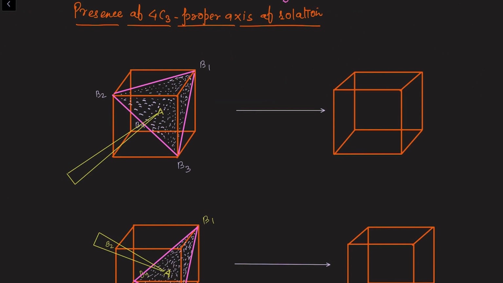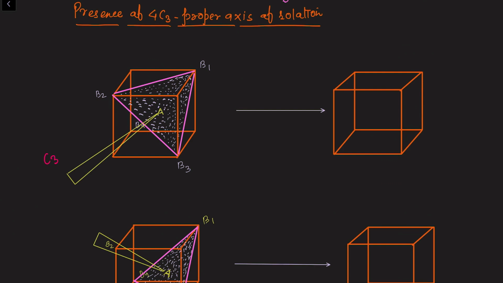Now you can see the first C3. This is one C3 axis, a proper axis of rotation, right? To understand this C3, draw one triangle inside the cube in such a way that you leave out one B atom, and your triangle includes the rest of the 3 B atoms. So this is the first triangle.